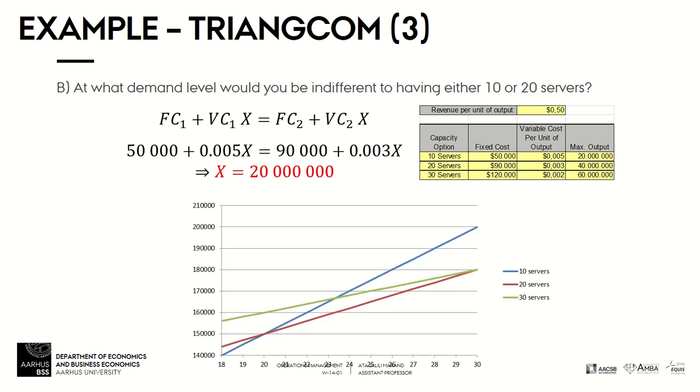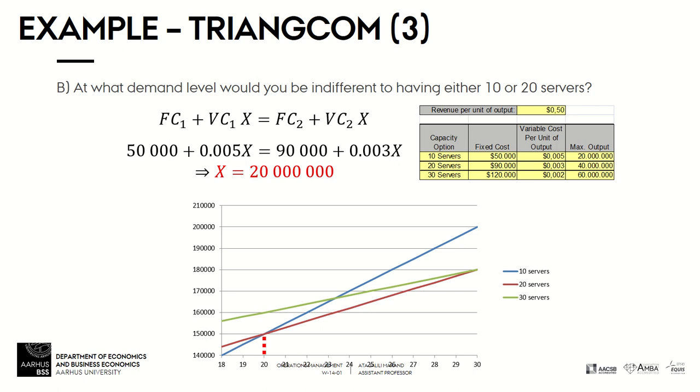We can also plot these total cost functions as a function of the business activity level, and we'll get this figure. Here we can see 3 lines for the 3 alternatives that we have, and the indifference point is a point at which the total costs of 2 alternatives will be equal to each other.